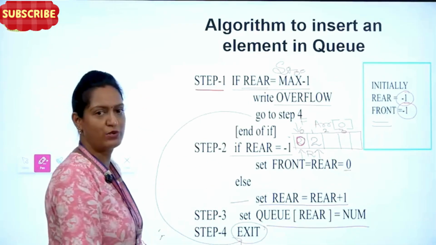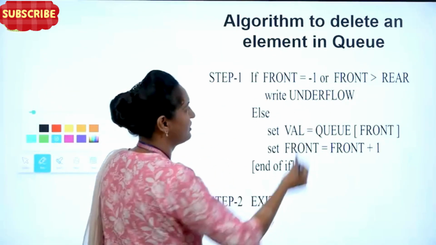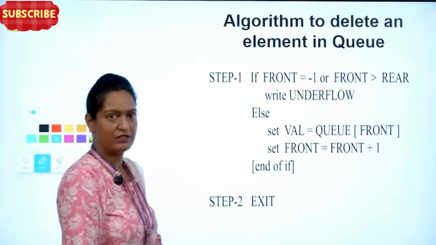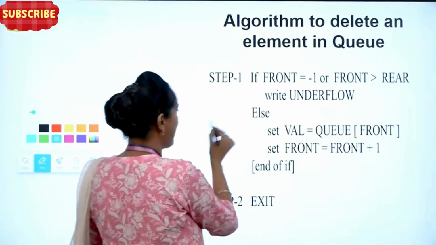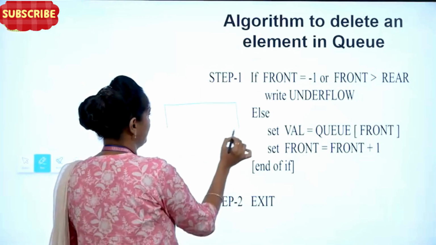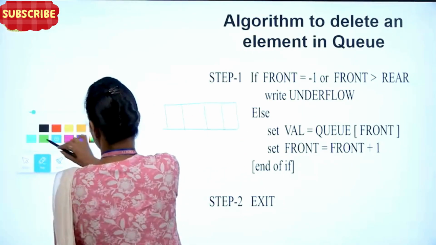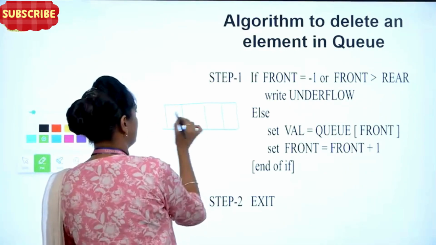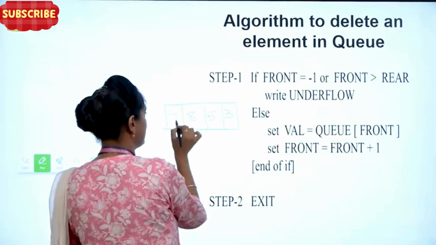Now we will go to the delete option. Here you can see an algorithm for deleting an element from the queue. So I have a queue and I have some elements in it, maybe 3, 5, 8, 7.